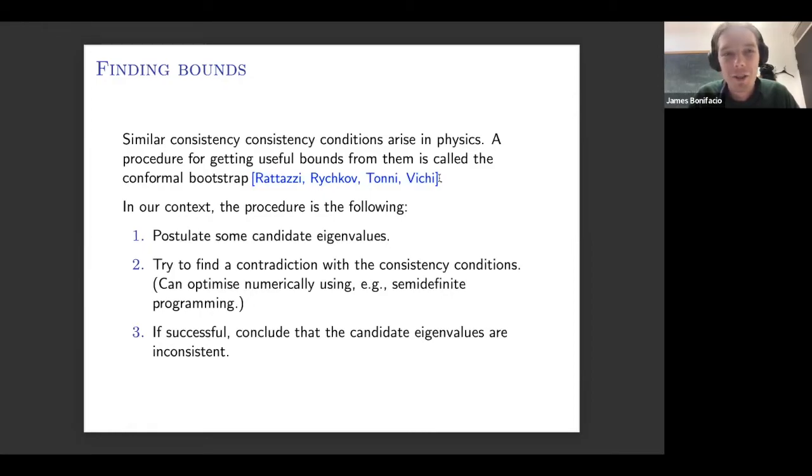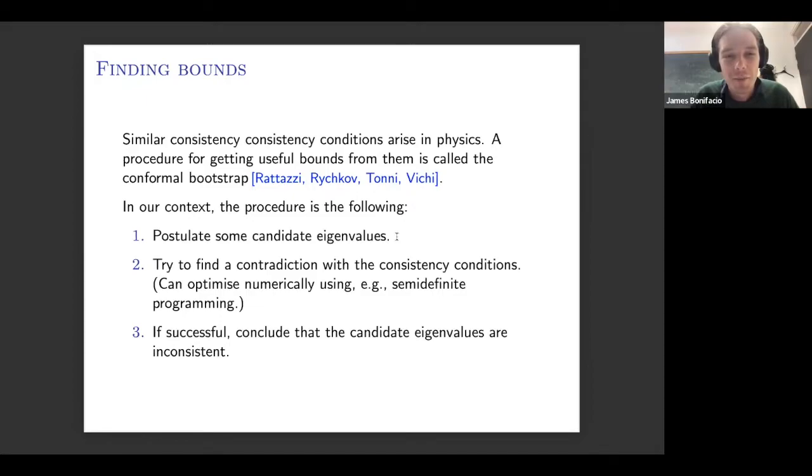And so what we can do is basically import all of the technology that these physicists have come up with in order to solve this problem in this context, and apply it to these consistency conditions that we have for manifolds. So in our context, the procedure suggested by this conformal bootstrap approach is the following.